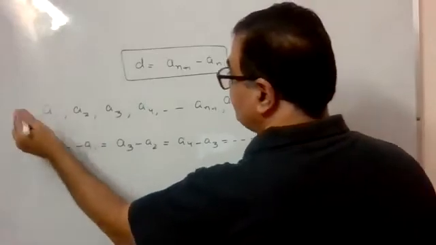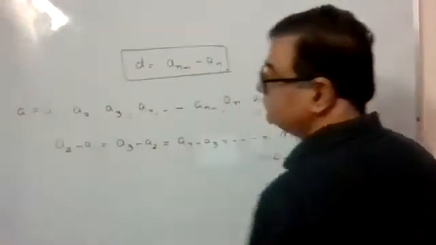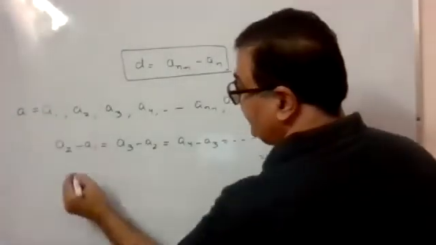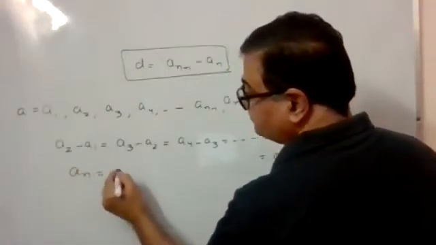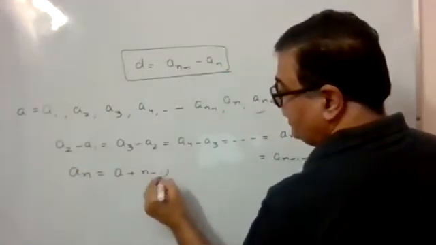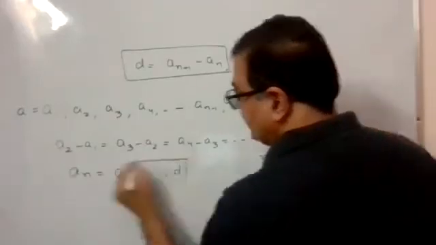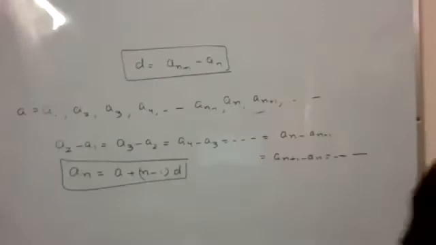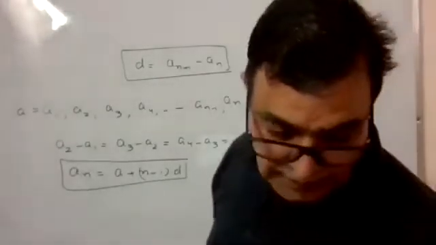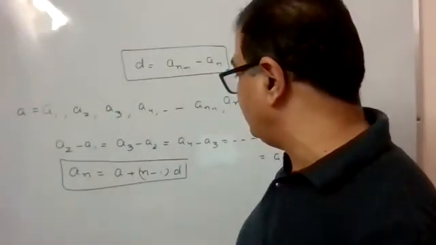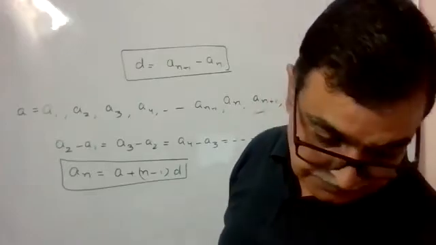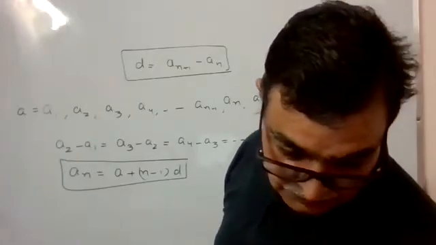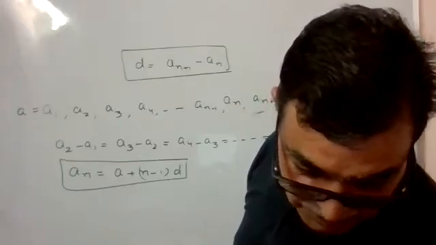First term we always denote by a. And if you remember, what was the nth term of AP? A plus n minus 1 into d. ये काम आप कर चुके हैं, इसमें कोई प्रॉब्लम नहीं. So nth term of AP is a plus n minus 1 into d. Now write down some questions on it.